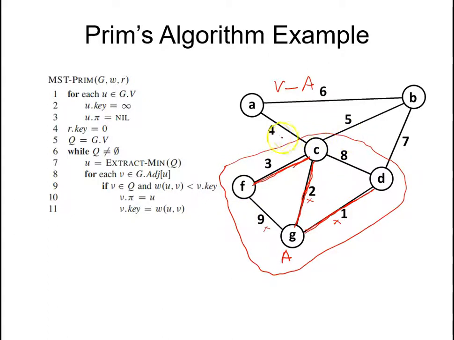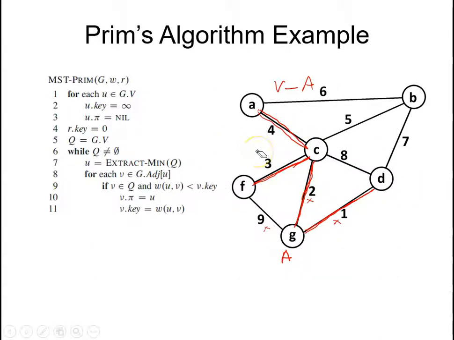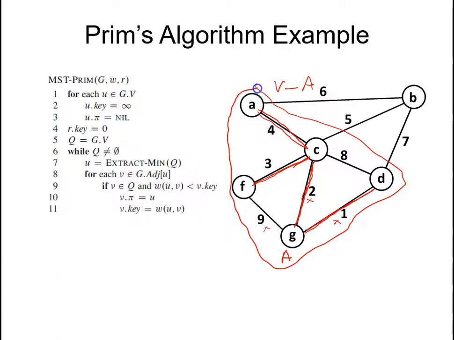So next, we have, going out of our A set, the edges 4, 5, and 7. And the edge with the minimum weight obviously is this. Okay? So we're going to extend our set to include this. And that means this is now our A set.